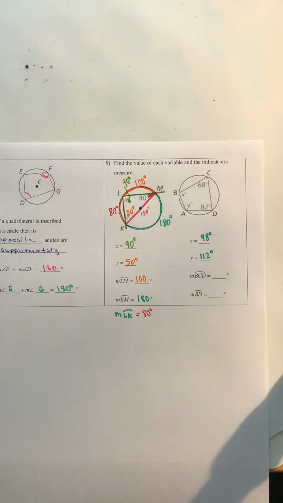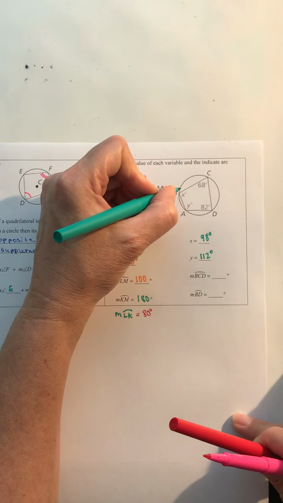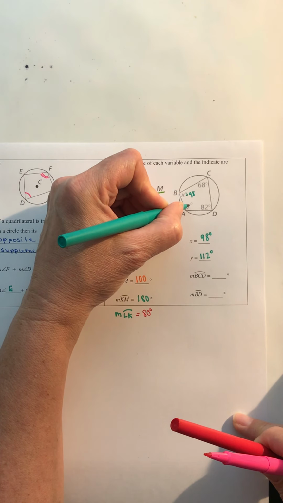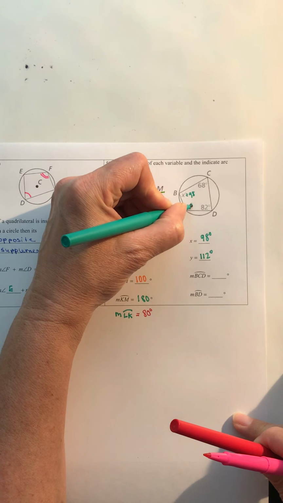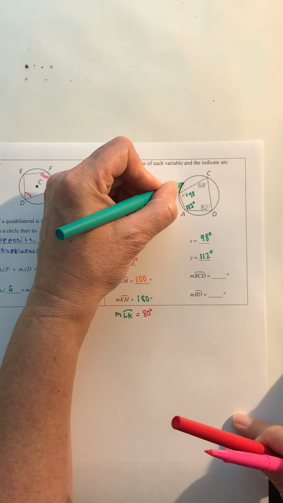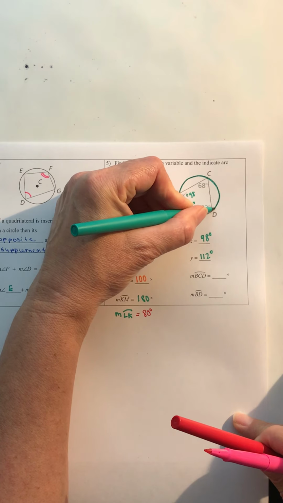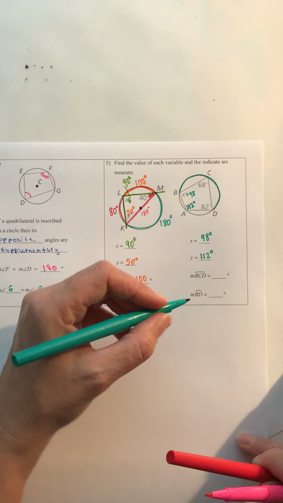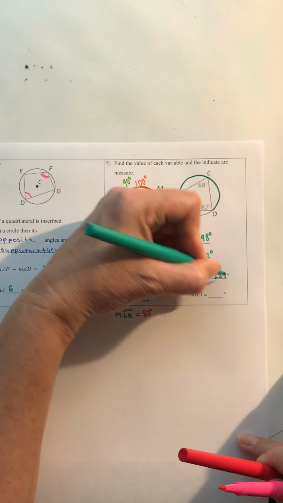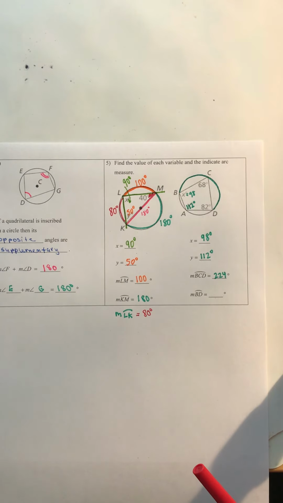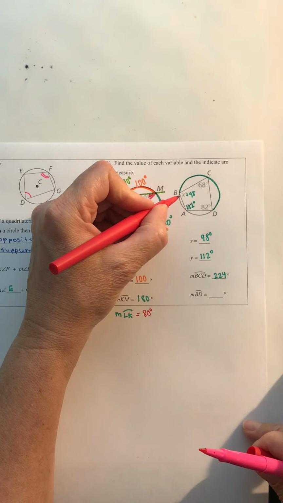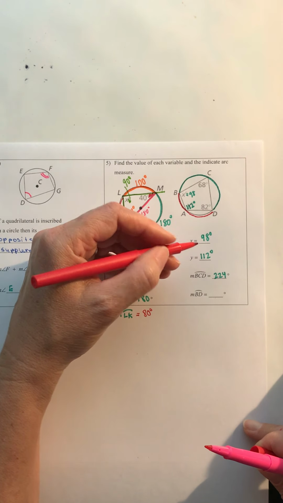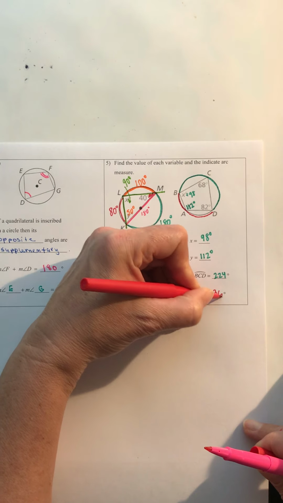And arc BCD, so let's see, this one is 98, and this one is 112, and arc BCD is that arc which has to be double 112, or 224, and arc BD would be this one, and that has to be double 68, or 136.